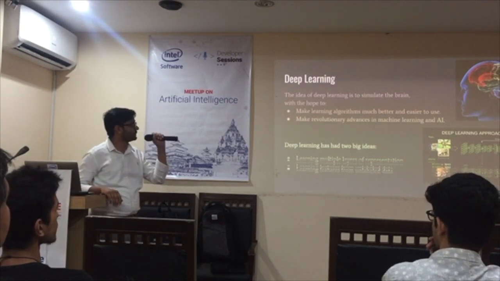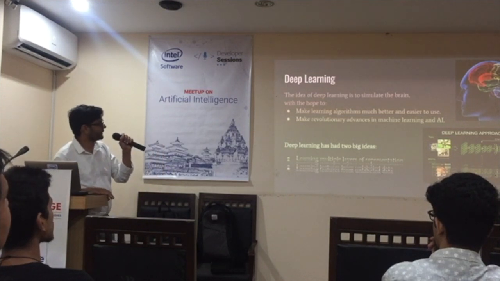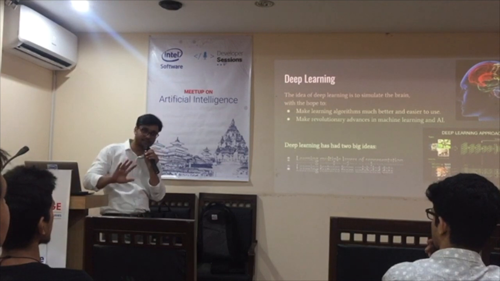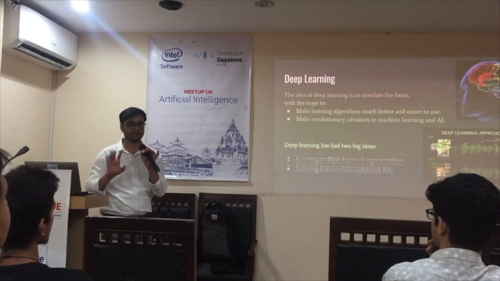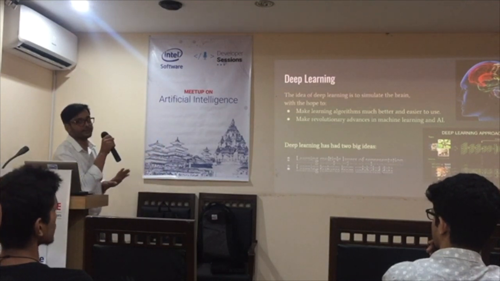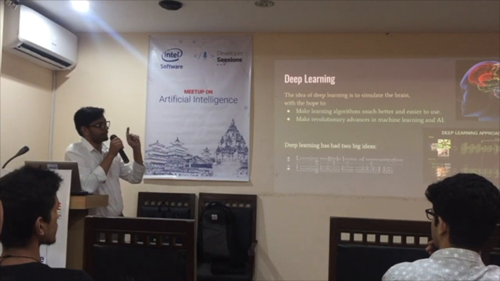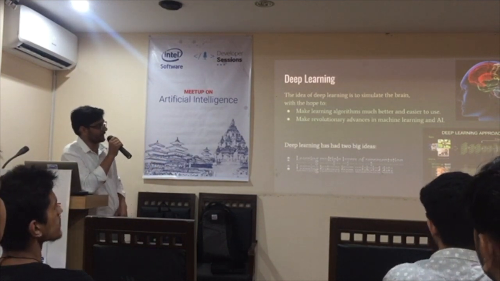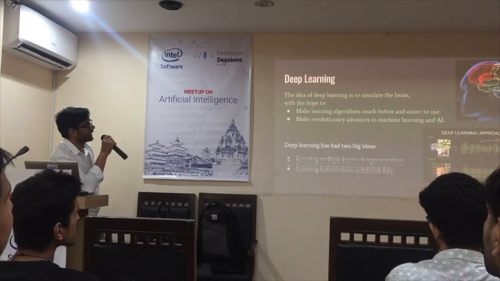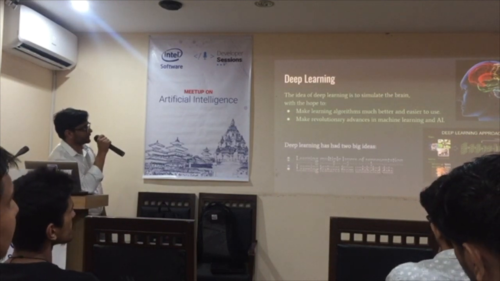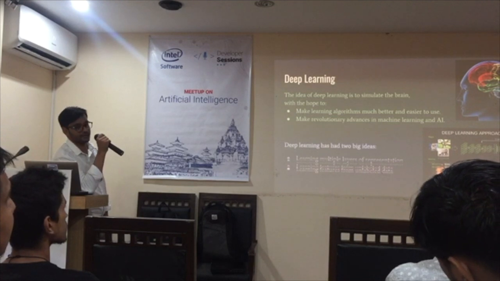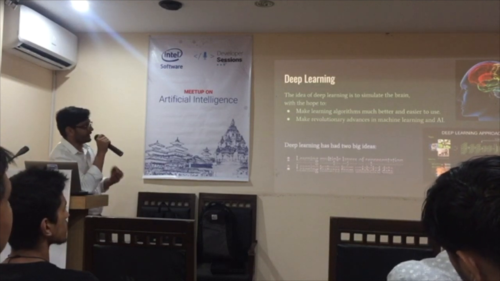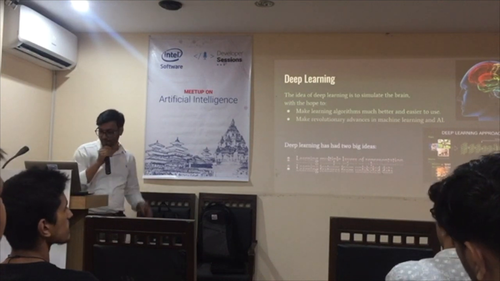So the idea of deep learning is to simulate the brain, but we still don't even know how the brain works, but we are simulating the brain. So here the hope is to make the learning algorithms much better and easier to use, and make some revolutionary advances in machine learning and AI. There are two big ideas behind deep learning.